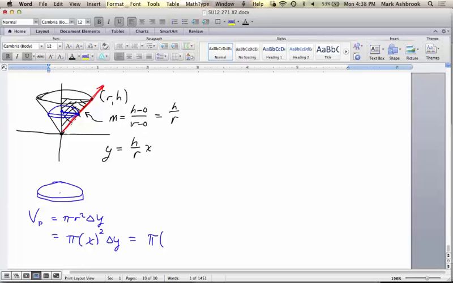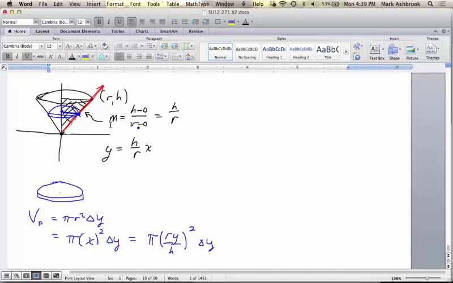And that's according to this line, the red line. So x is ry over h. And so that's the volume of a typical pancake, a typical pancake at height y.